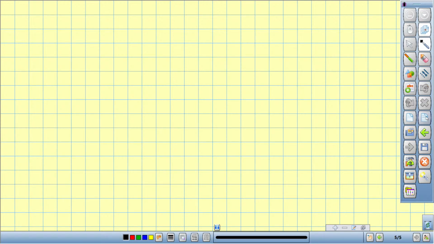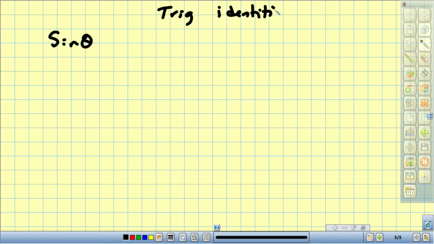I'm moving on. The next item we're going to discuss is some identities. We call them identities in math. So, for example, sine theta, I could say trig identities.